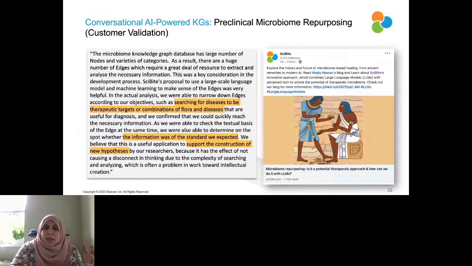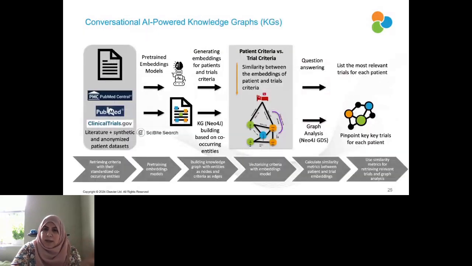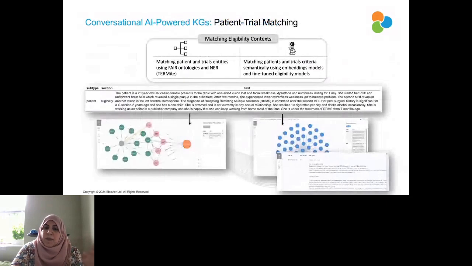The other use case is matching patients to clinical trials. It is the same scenario, but here, instead of using context, we use the eligibility criteria of patients and clinical trials. Here we first started by matching the entities of the patient eligibility criteria with the trial eligibility criteria. This didn't quite work because we need to capture the semantics. We used the embedding model to capture the semantics of the eligibility criteria.